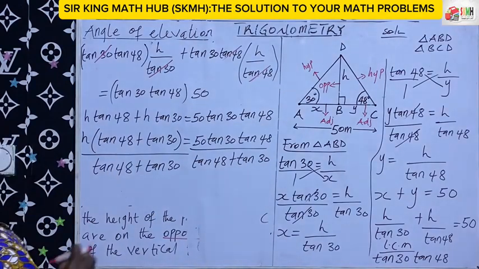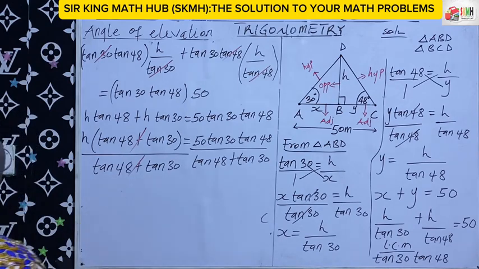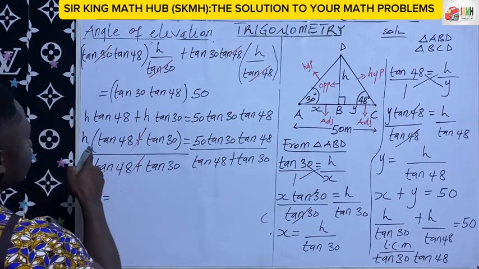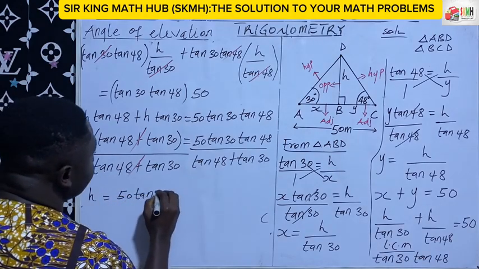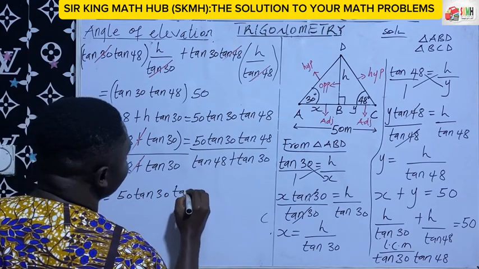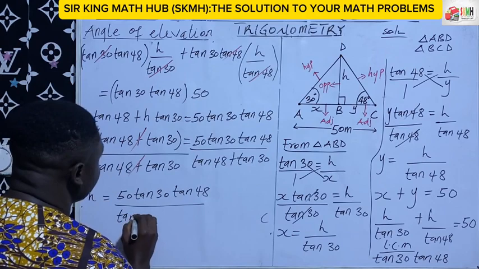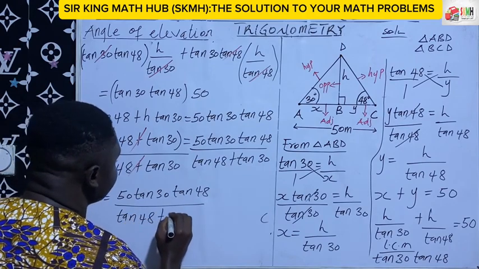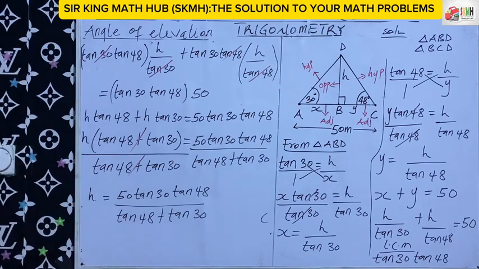These two will cancel out, leaving the height, that is h, equal to 50 tan 30 tan 48, all divided by tan 48 plus tan 30. The rest is calculator work.